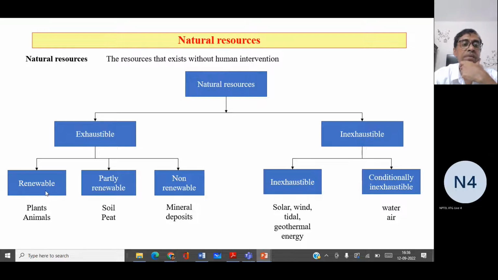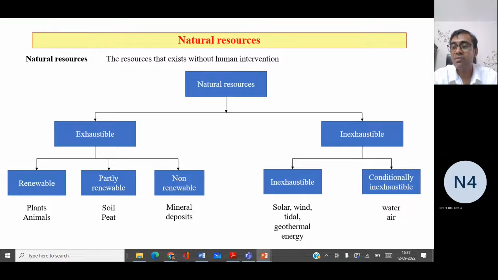Within inexhaustible, we have renewable, partly renewable, non-renewable. Each one of these has examples given here. Inexhaustible means you cannot finish it off even if you use it, like solar, wind, tidal, geothermal energy, water, air. But water and air are conditionally inexhaustible.